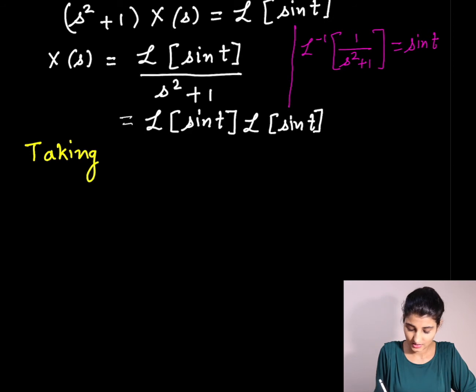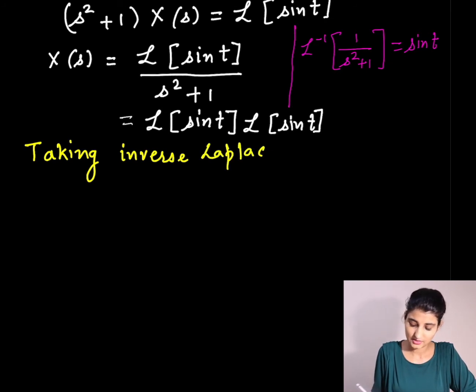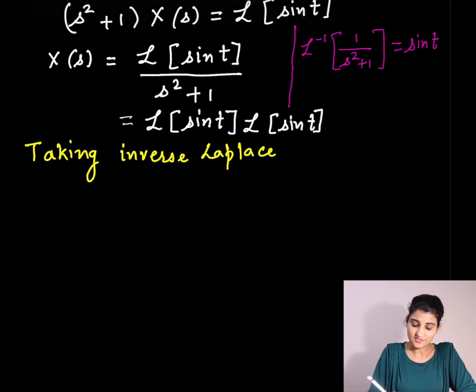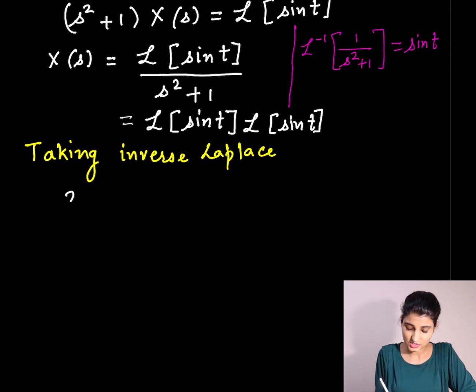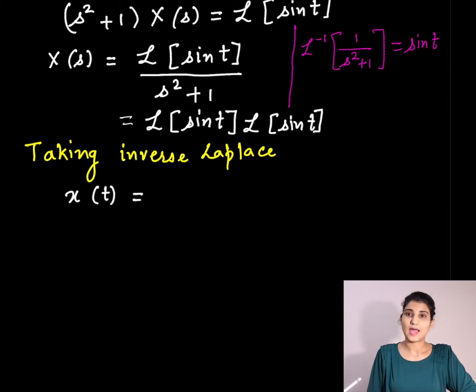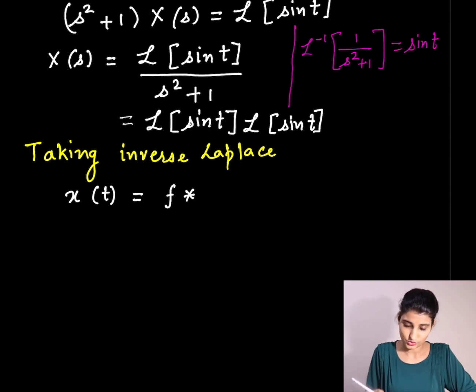we get x(t) on the left hand side. On the right hand side, the Laplace inverse of the product of two functions is basically the convolution of those two functions.